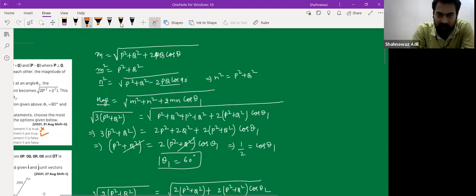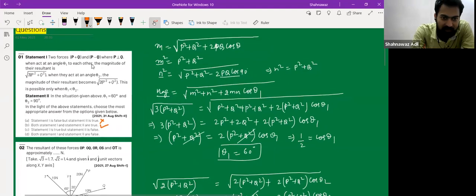So for theta1, it is written that the magnitude of their resultant, the magnitude of this m and n, is given 3p square plus q square, right? I just used that. Okay, is that okay, Tarif?